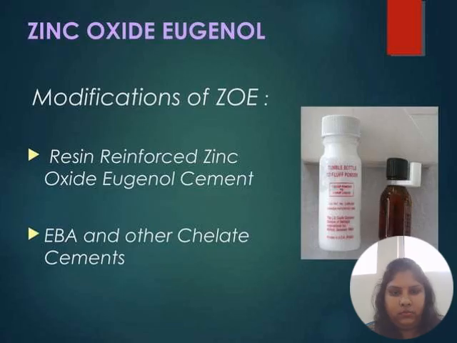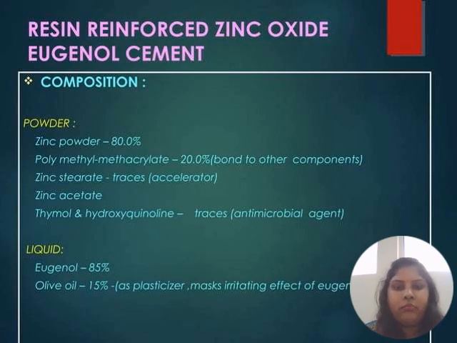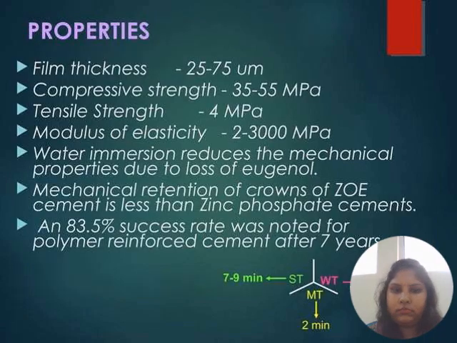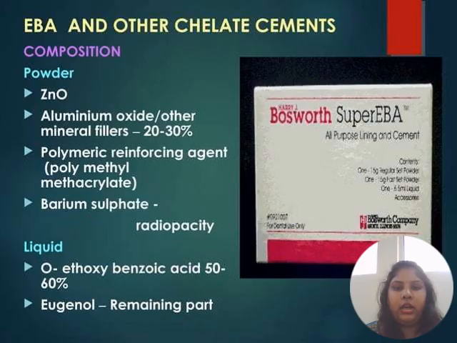Next, you have zinc oxide eugenol modification, where resin reinforced zinc oxide eugenol cements are used, EBA and other chelating agents. Again, you have the powder and liquid composition and the physical properties. Then EBA and other chelate cements.